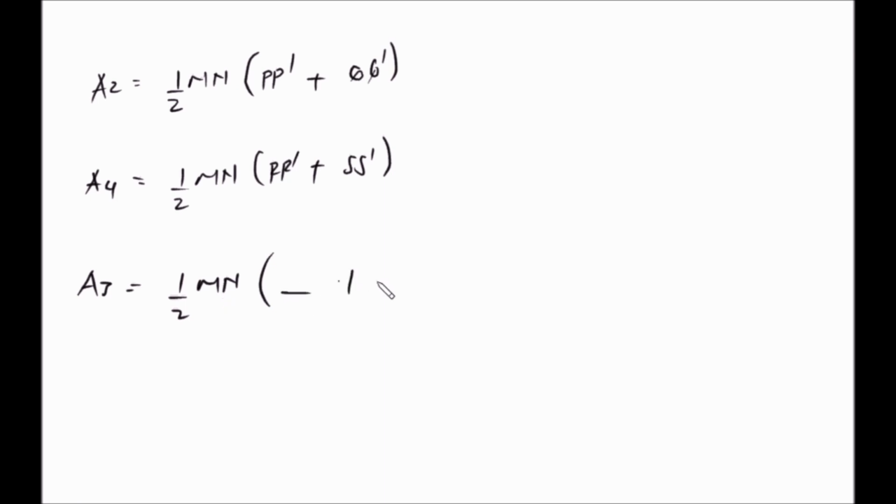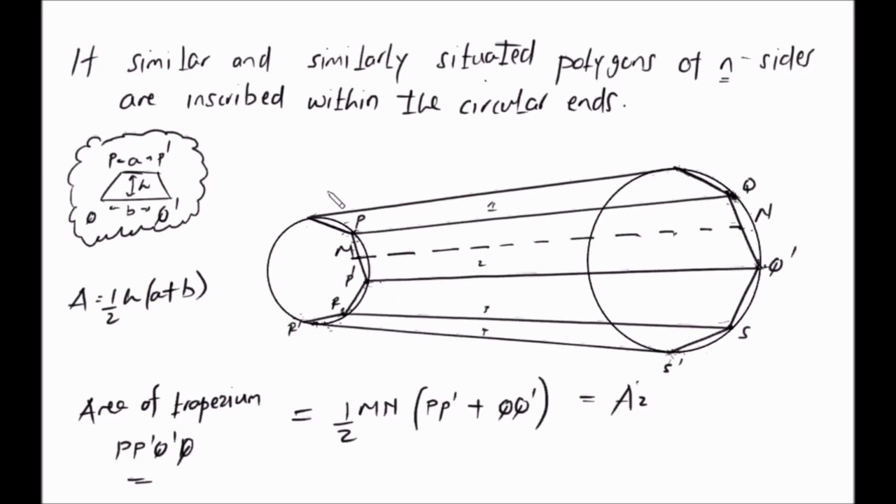Sasa hapa na hapa, notice ukija kwenye mchoro wetu here, kwa trapezium hii A2 ni PP dash. Kwa trapezium hii A4 ni R dash. What is similar about PP dash and R dash? They are both sides of the small polygon.